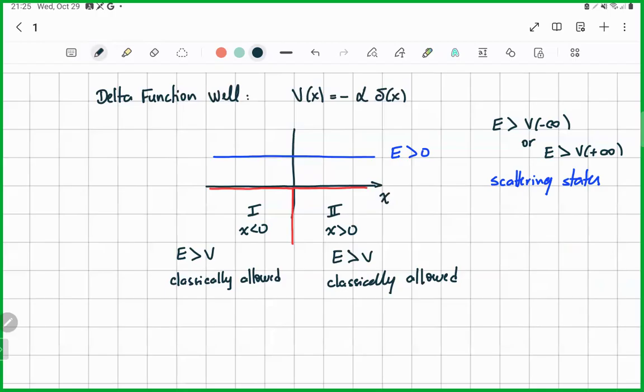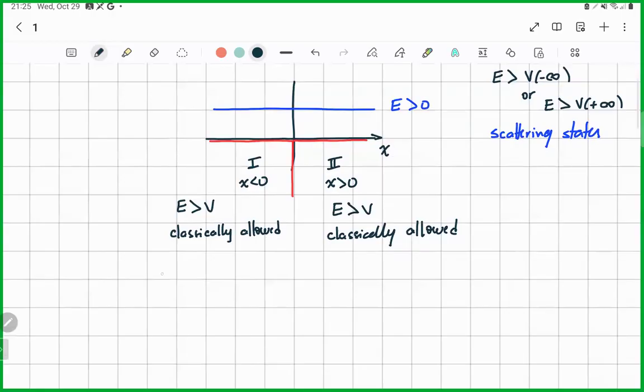Sine, cosine, wave, propagating. We don't need to decay. So now that we thought about this, allowed region means sinusoidal functions, let's move to the solution.